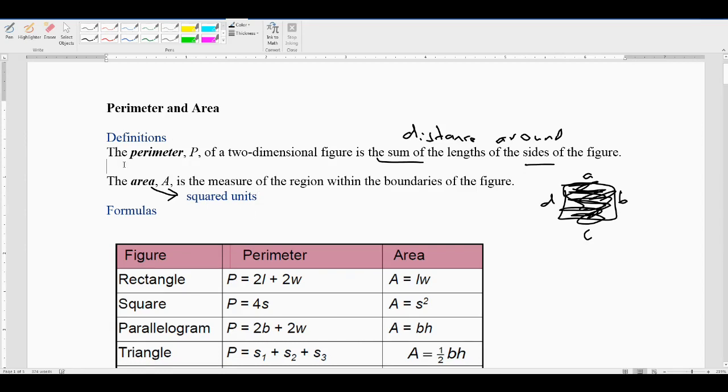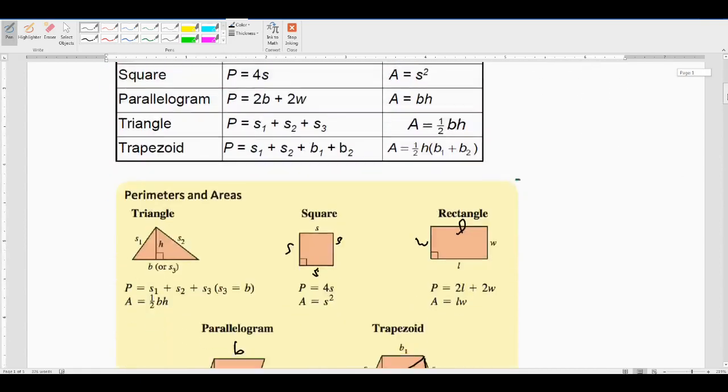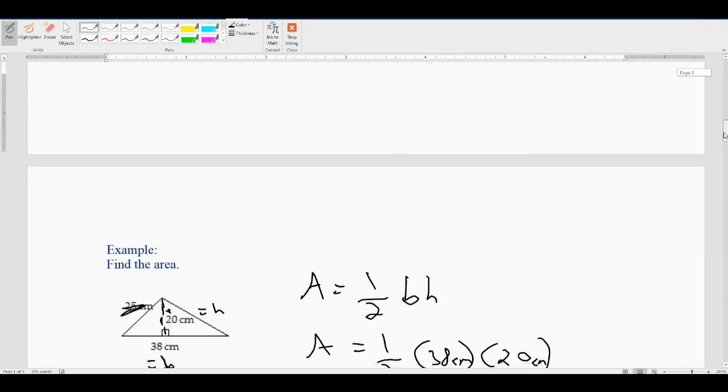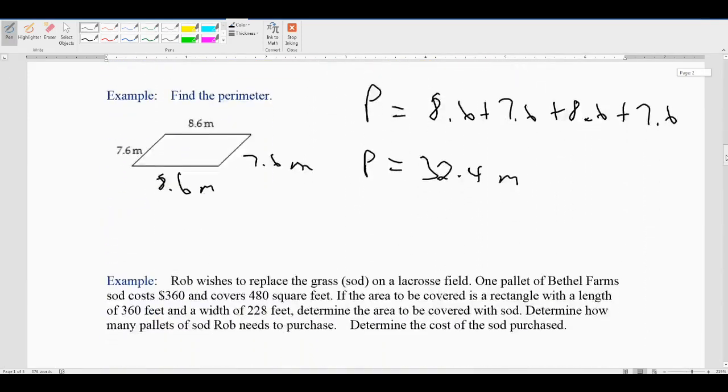And then perimeter, I just like to say single units. Single for perimeter, squared for area. That just gives you an idea of how to work some area and perimeter problems.